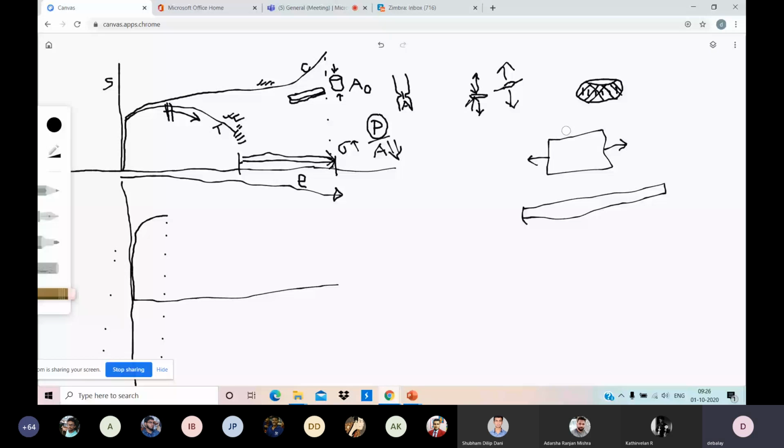It is easier in compression because in tension the entire piece you need to take and stretch. But in compression, you can do rolling part by part. Suppose you do rolling of this end only, reduce it, and then you extend the metal. You understand? In rolling, what does it look like? There are two rolls and you push the metal through. First the initial part will be rolled, and then you continuously feed it.